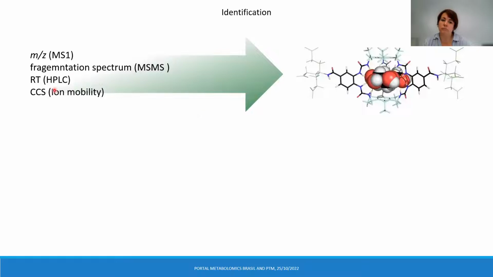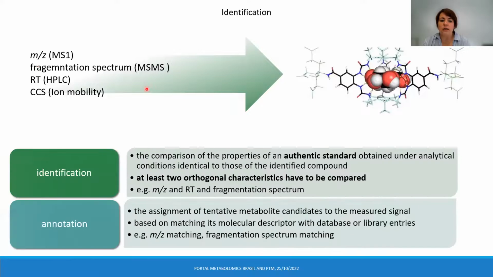We can have ion mobility, we can get cross sections. Performing chromatography, we will have retention time. We can have either only m/z if we are just performing MS scan measurement, or we can also have a fragmentation spectrum, which can provide us information about the structure of the molecule.